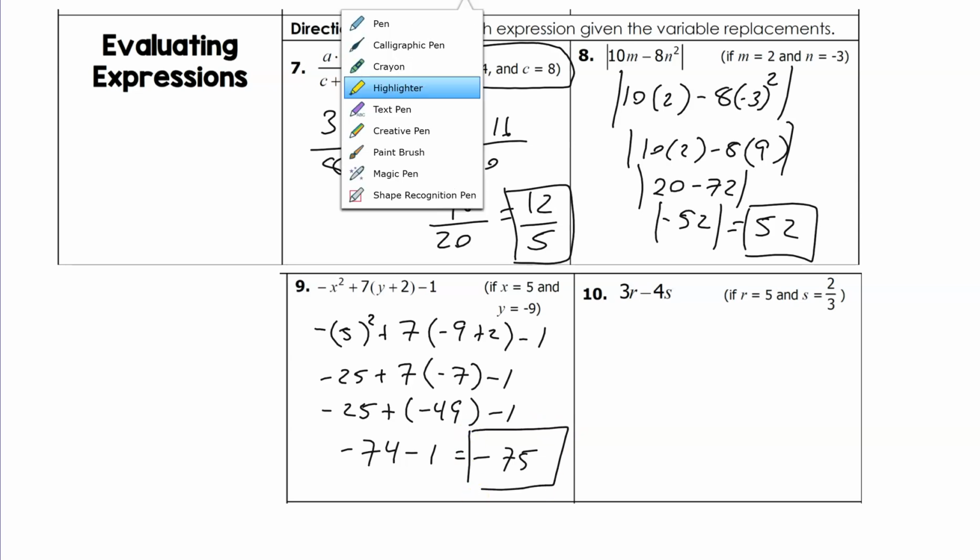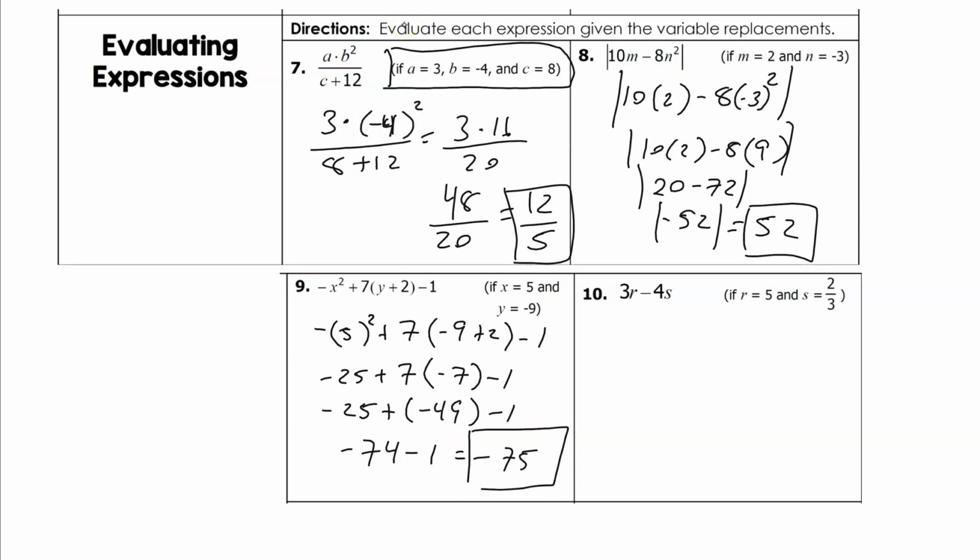All right, so on to number 10. Where we see an r, we see a 5, so 3 times 5 minus 4 times the dreaded fraction of 2/3. Well, 3 times 5 is 15, and this is really 4 over 1, so 4 times 2 is 8. 1 times 3 is 3. We have to find common denominators.